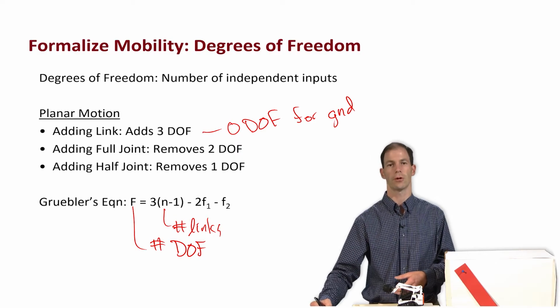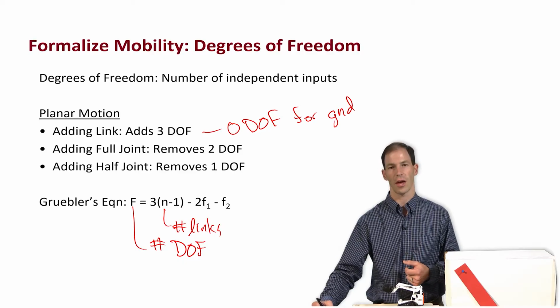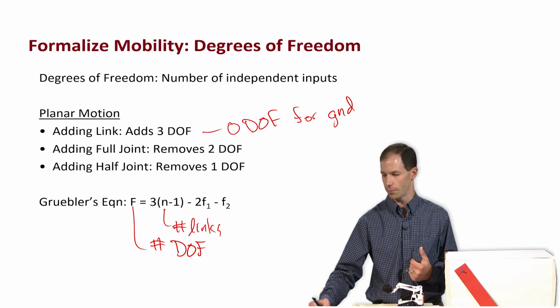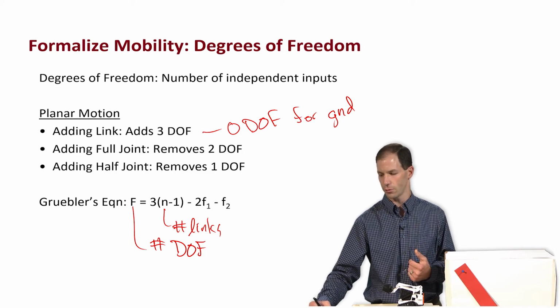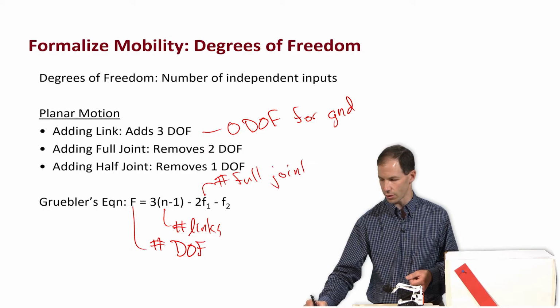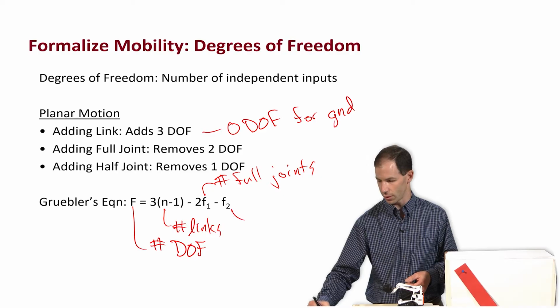This is equal to 3, which is the number of degrees of freedom added by each link, times n minus 1. The reason I'm subtracting 1 is because ground has no degrees of freedom. And then I'm subtracting off 2 times the number of F1 joints. F1 joints, these are the number of full joints. And then I'm subtracting off 1 for every half joint. So this is the number of half joints.